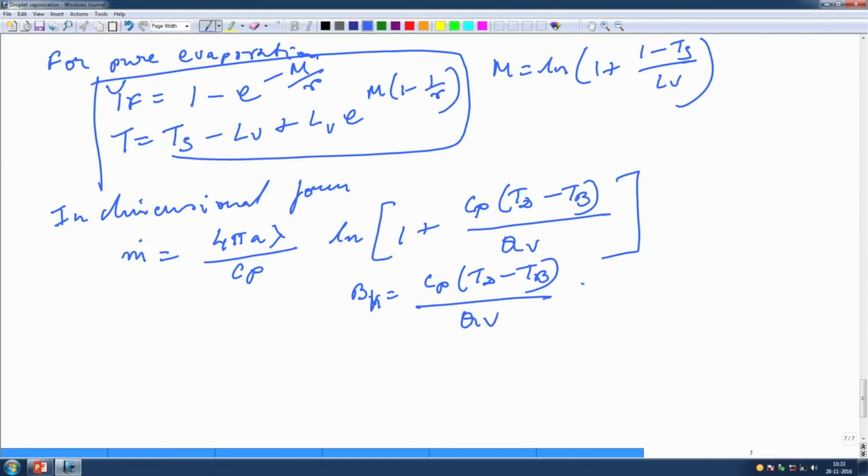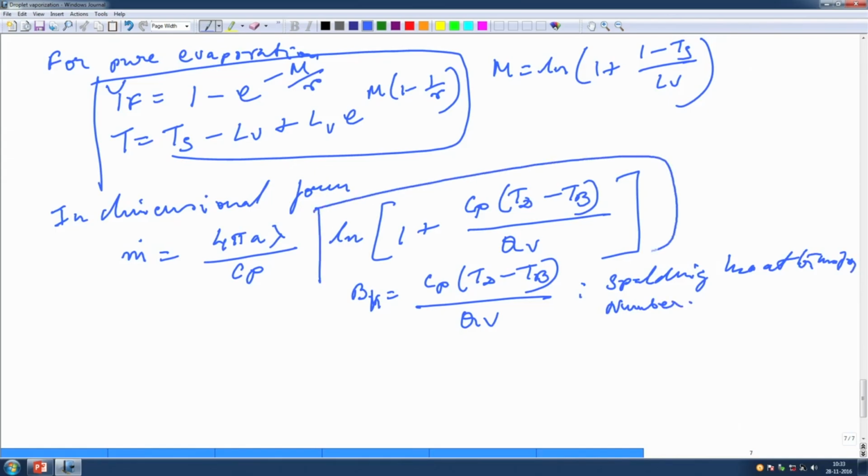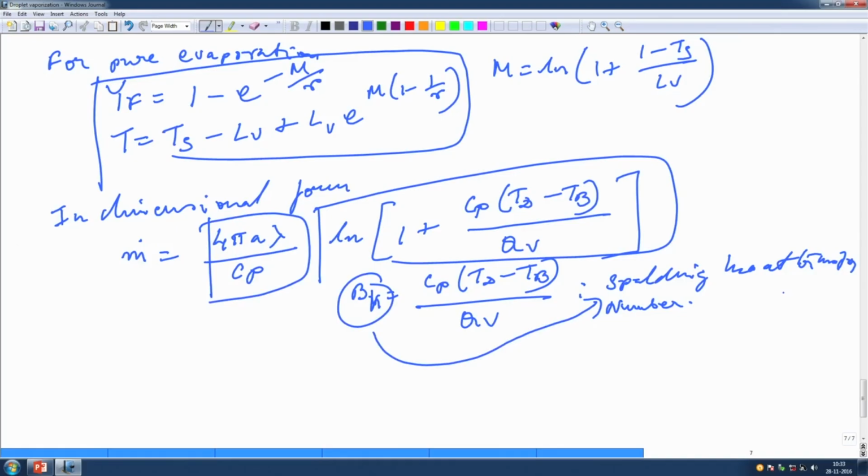This is called the Spalding heat transfer number. Got it. So, the mass flux is basically given by this into this, right, and this BH is basically called the Spalding heat transfer number.